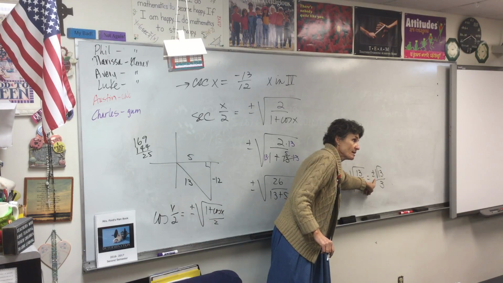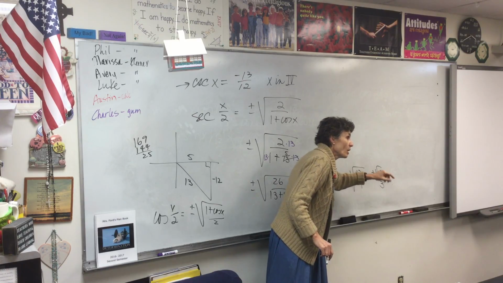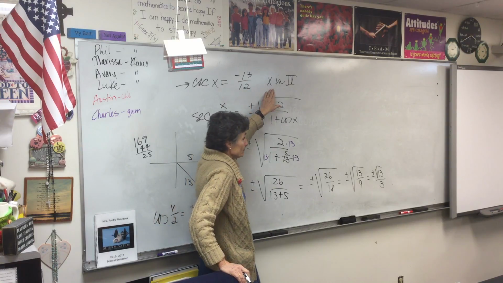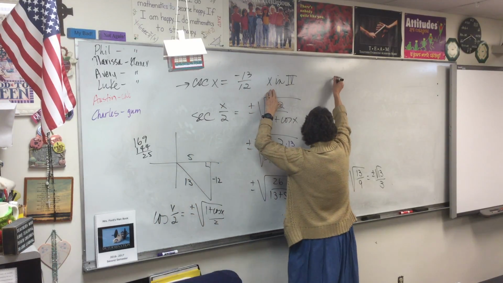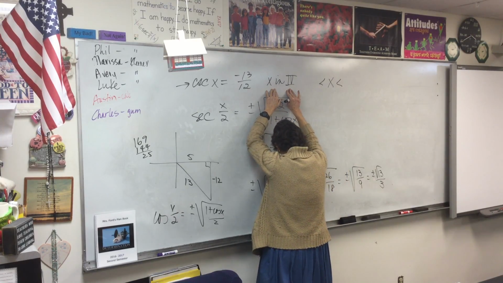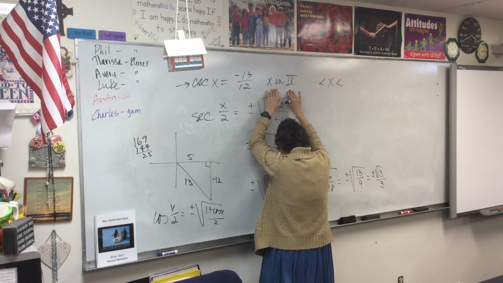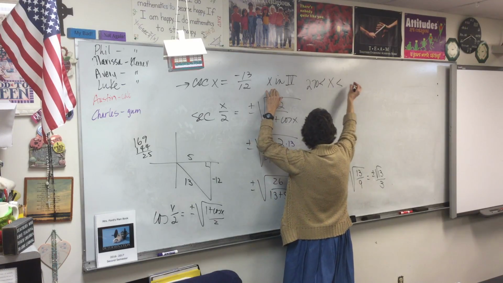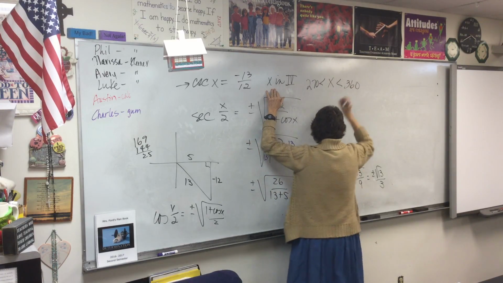Alright, did we do one of these the other day? Yeah, we did. And what did we go back to? Go back to the original. X is between what and what? 270 and 360.